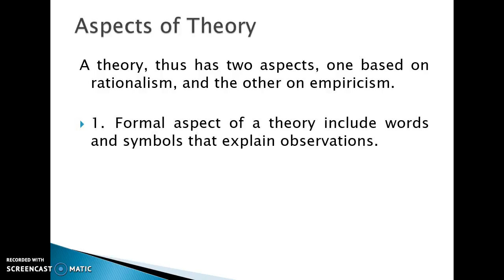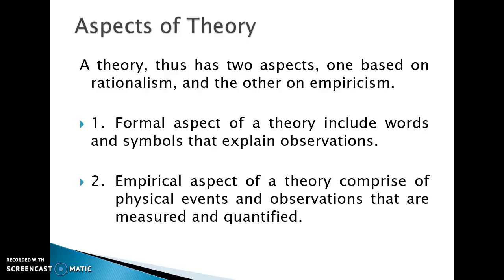Formal aspects of a theory include words and symbols that explain observations. And then we have the empirical aspect of a theory comprised of physical events and observations that are measured and quantified.